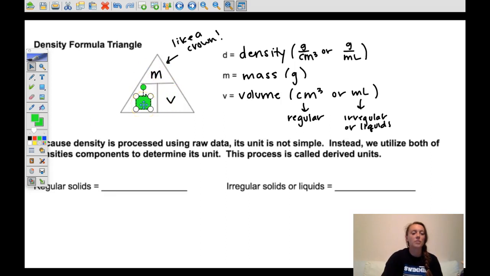If the problem asks us to solve for mass, we can cover up M. And because these two variables are next to each other, we're going to multiply density times volume. So these two things will be given in the problem. If the problem asks us to solve for volume, we cover up V, we have mass over density, so we would divide mass by density.